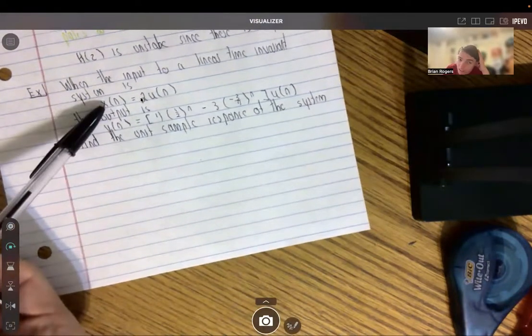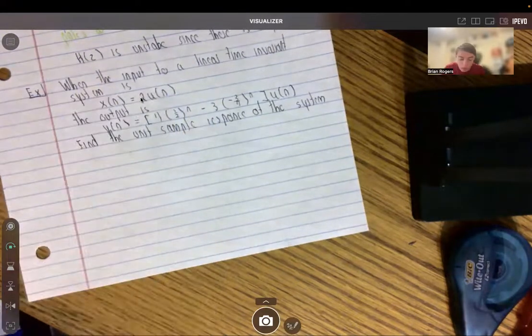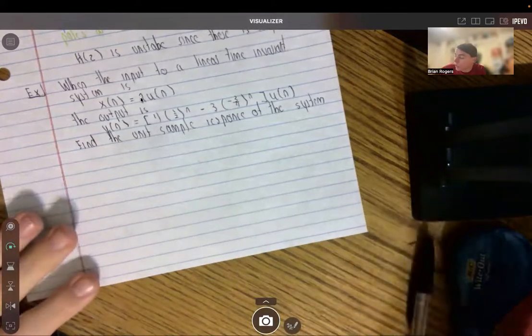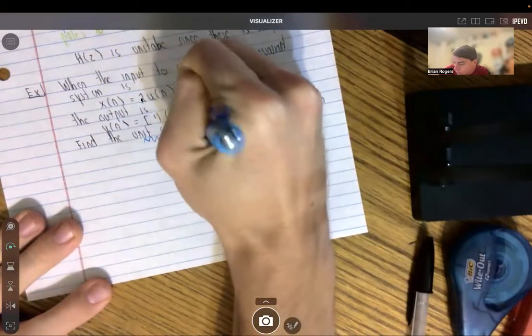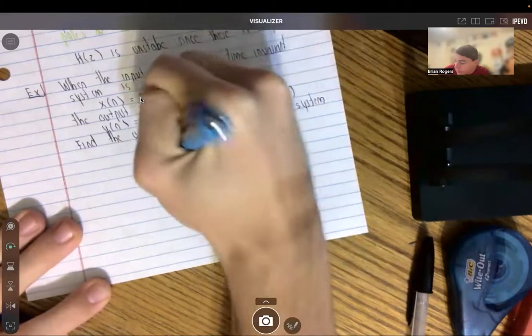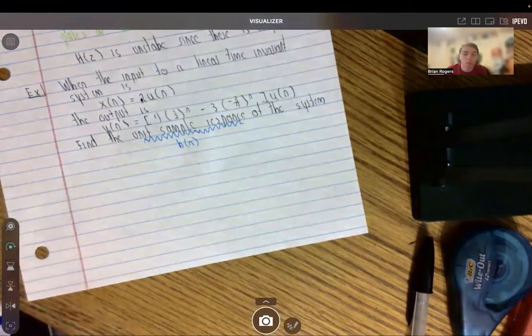We're given our x of n and our output, because we're going to be solving for our h of n. That's the unit sample response or the unit impulse response. When you see this right here, this is referring to your h of n. That's the unit sample response.